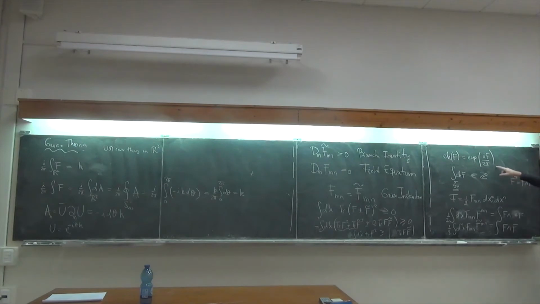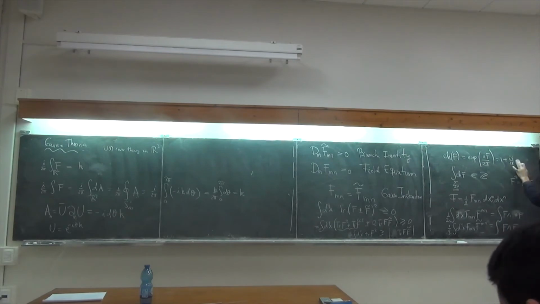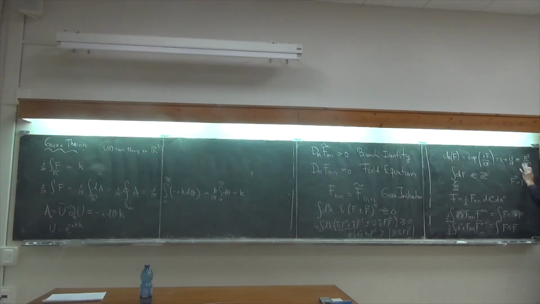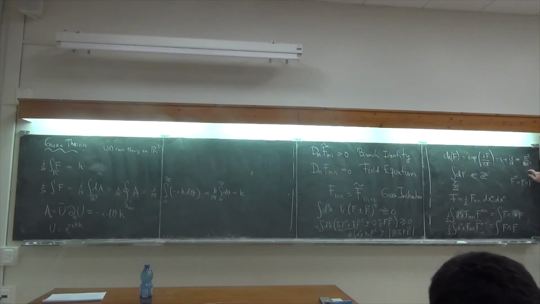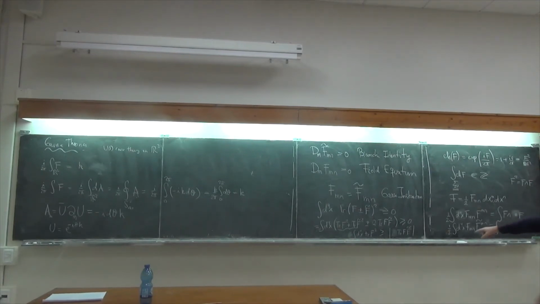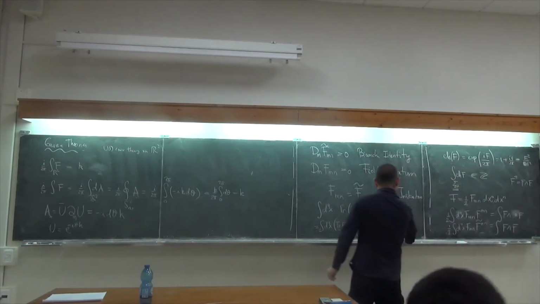Now let's see what the second Chern class is here. This is 1 plus iF over 2 pi plus (iF) squared, which means minus F squared over 4 pi squared, and so on. Therefore, this is an integer.